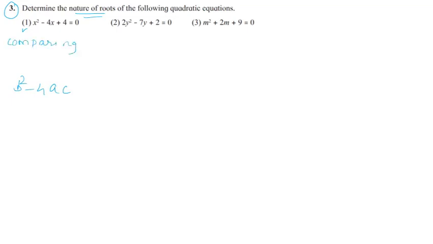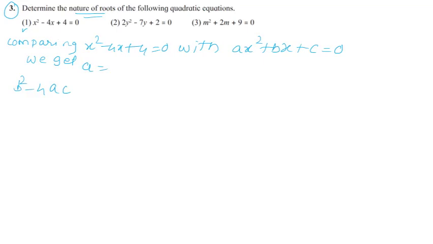So first, comparing x square minus 4x plus 4 equal to 0 with standard form ax square plus bx plus c equal to 0, we get a equal to 1, b equal to minus 4 and c equal to 4. Okay.